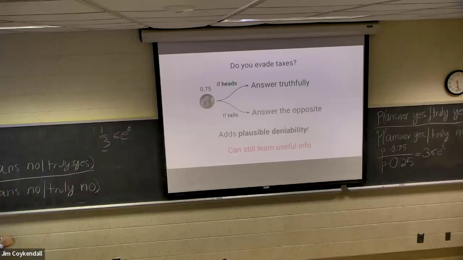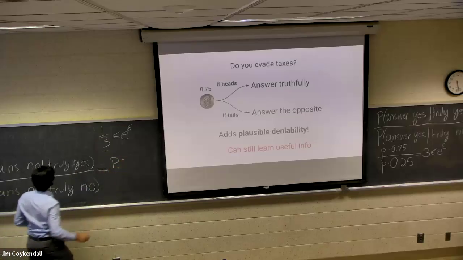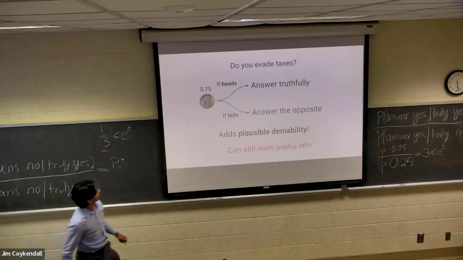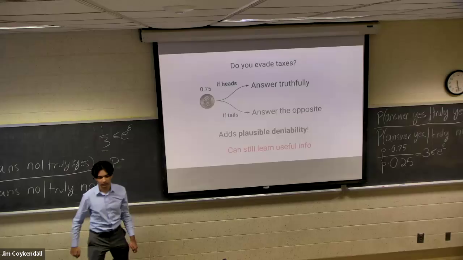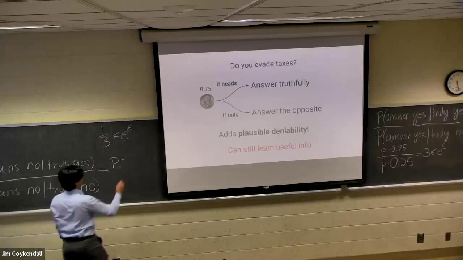Let's collect them there. So this would be e times probability that a person is truly yes times probability that they answered no. So what would that be? What happens? Person is yes and they answered no. They got tails on them, right? So there's a probability of 0.25.